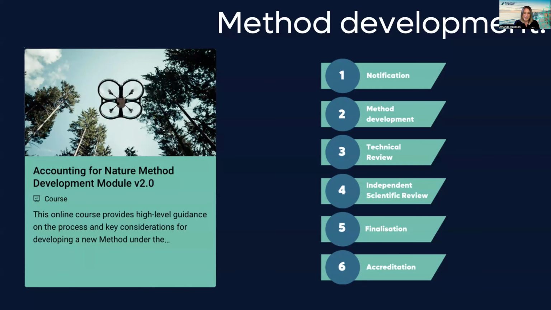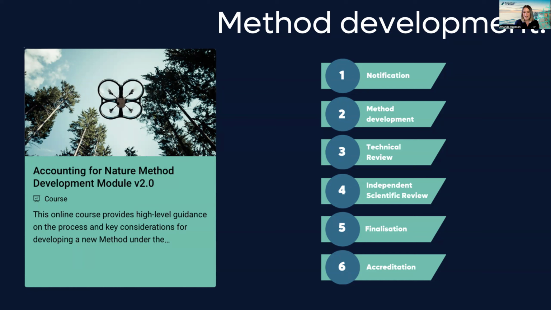If an accredited method isn't available that meets your need and fits your purpose, you do have an option of developing a new method. We have an online training module in method development that goes through the process and the steps associated with developing a new method.